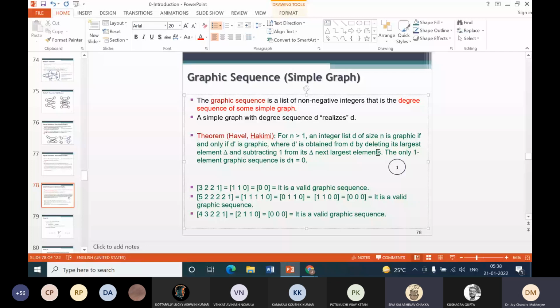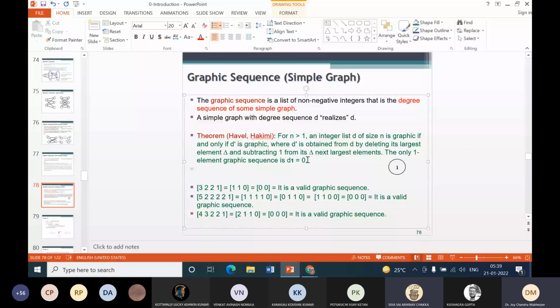So that is done. This is a trivial proof. We have to prove this for n greater than 1: an integer sequence d of size n is graphic if and only if d prime is graphic, where d prime is obtained from d by deleting its largest element delta and subtracting 1 from its next delta largest elements.